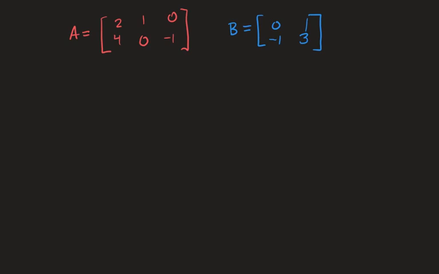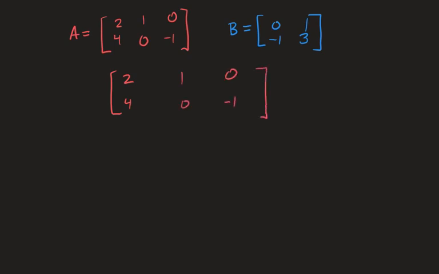Now in this one, we have a matrix that is 2 by 3, so we have 2 rows and 3 columns. And in this case, we have 2 rows and 2 columns. If we were to add this matrix, we will try to end up with 2, 4, 1, 0, 0, negative 1.